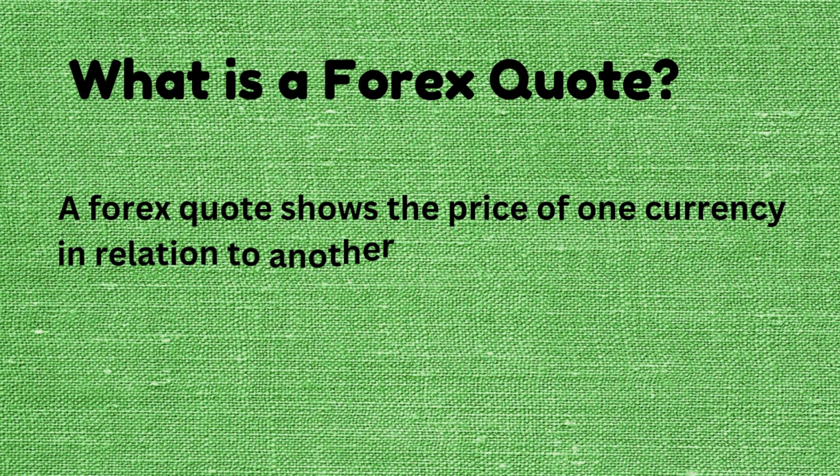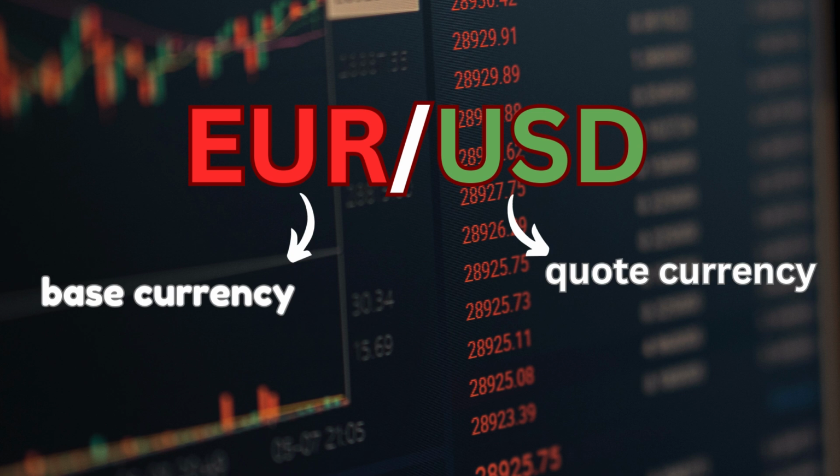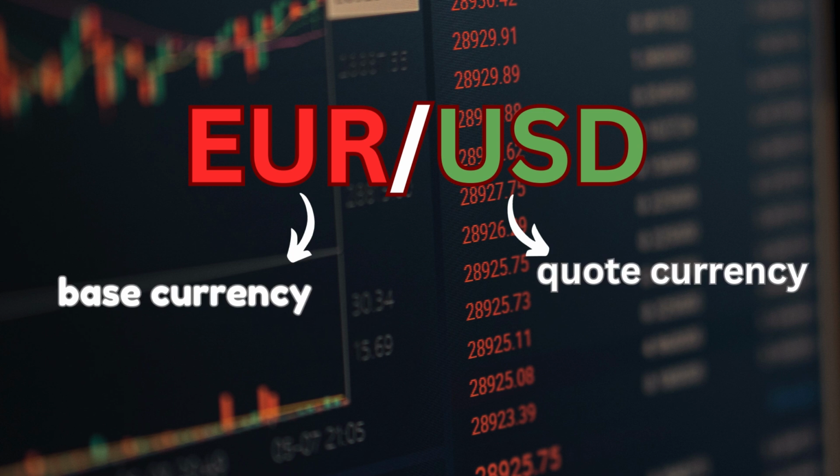A forex quote shows the price of one currency in relation to another. This is essential in forex trading because currencies are always traded in pairs. For example, we have EUR/USD. The first currency is the euro, which is the base currency, and the second currency is the US dollar, which is the quote currency.